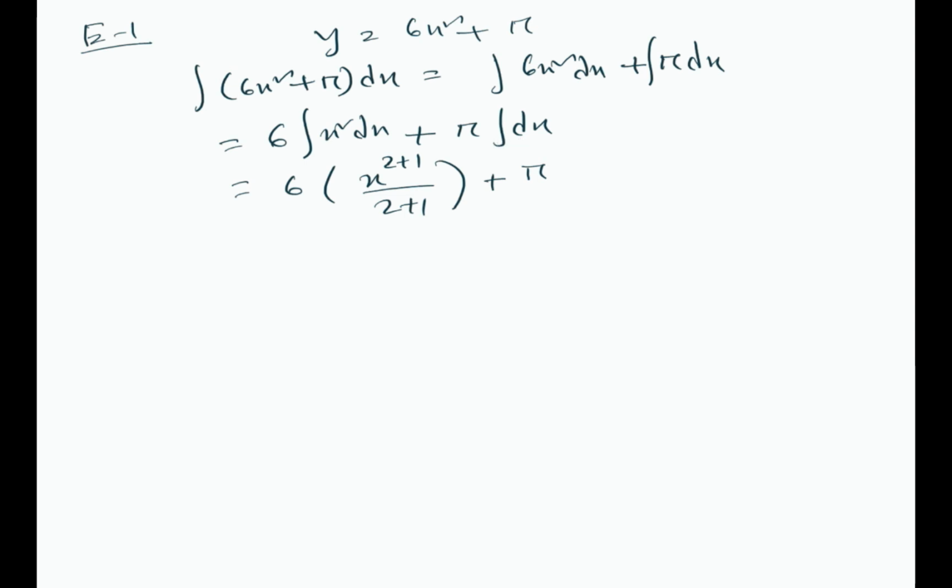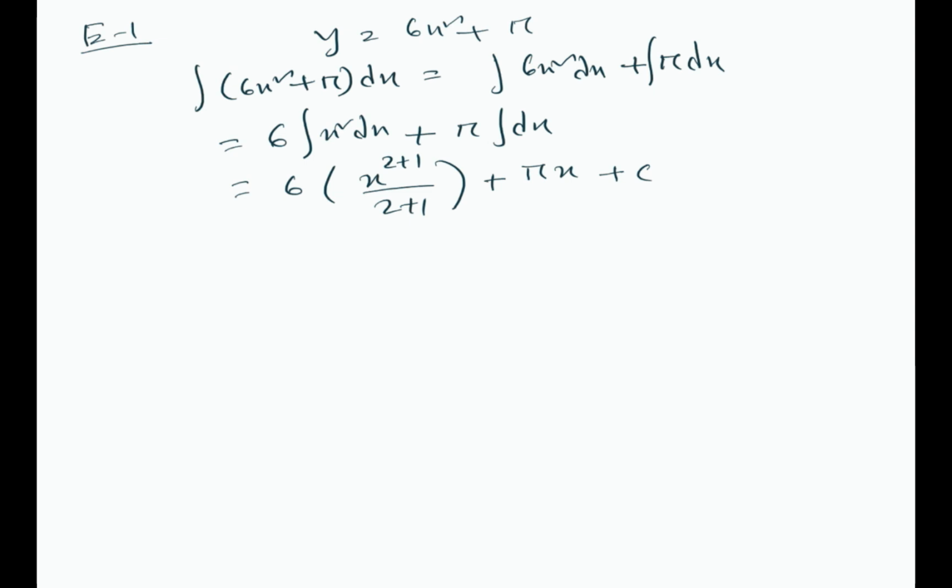So the answer would be pi times x, because we are integrating with respect to x, so we need to put this x. When we are integrating any constant, the answer would be this constant times the variable with respect to which we are integrating. In our case it is x, so we need to write x. So the answer would be pi x, right? So finally we can add our c.